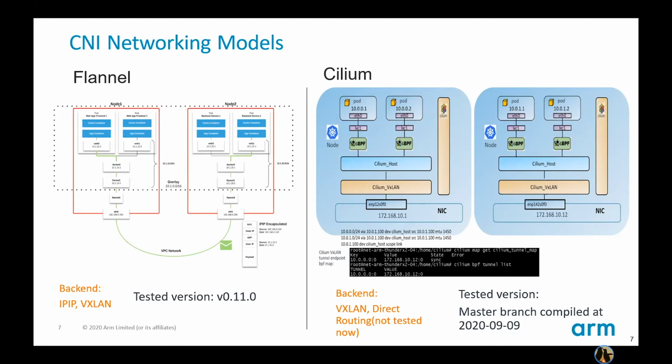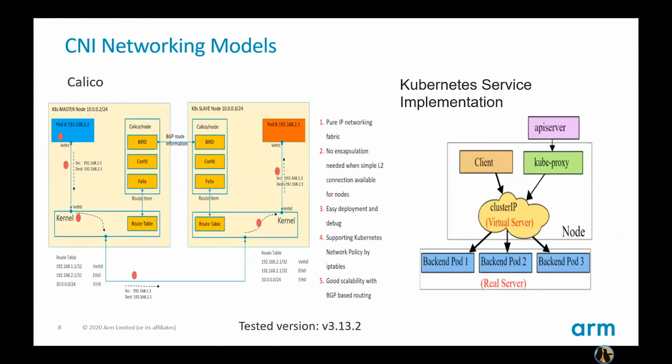And the third one is Calico. Calico is a high-performance networking solution with a direct IP networking fabric. For the routing-based solution, it can support a no-encapsulation solution for pod-to-pod communication in the inter-host case.